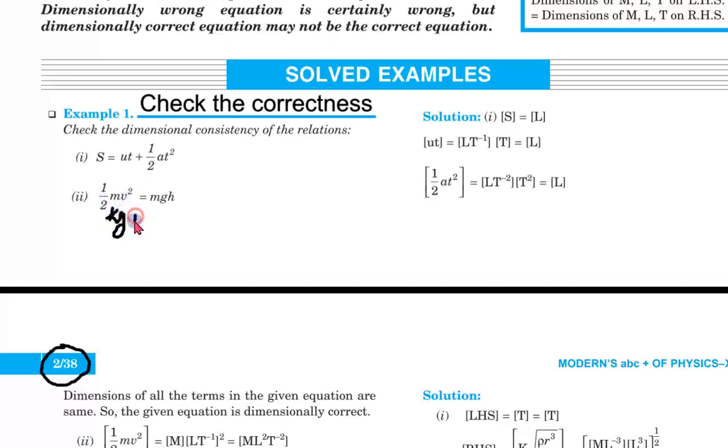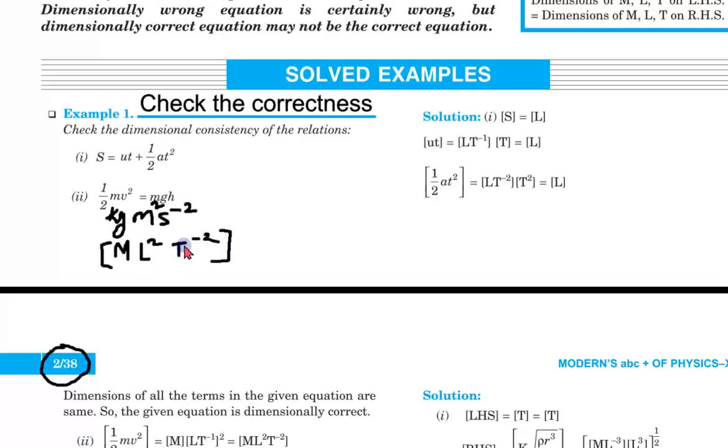Velocity is meter per second, but it is square, so I'll square both. This will be velocity square. In terms of dimensions, kg is unit of mass, so M. Meter is unit of length. Second is time, minus 2. So the left hand side will be M L squared T to the minus 2.